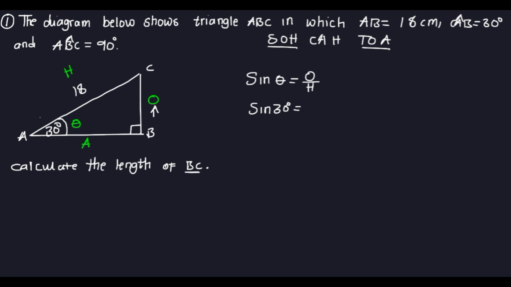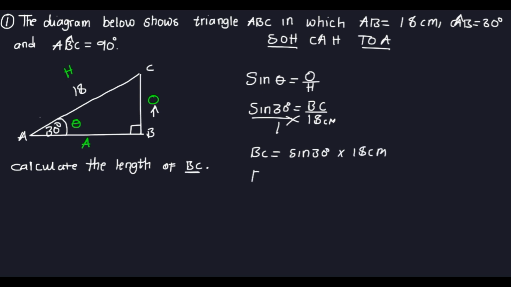So sine 30 degrees is equal to, what's our opposite? Is the distance we are solving for, BC. Then the hypotenuse is 18 centimeters. So over 1 we can cross multiply. 1 times BC is BC. Then here we have sine 30 multiplied by 18.